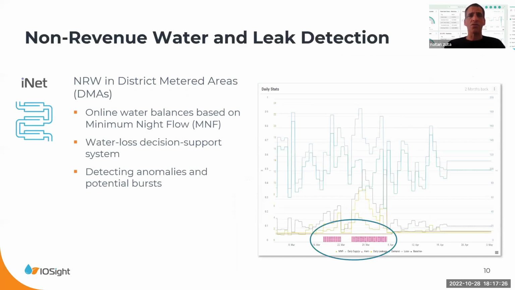It's a non-revenue water solution for DMAs, district metered areas, and it calculates in real time the actual losses that you have on each of those district metered area neighborhoods, and indicates whether there's a major change in the status of the DMA, which means that it's probably a new burst or a new leak, or an anomaly that should be checked.